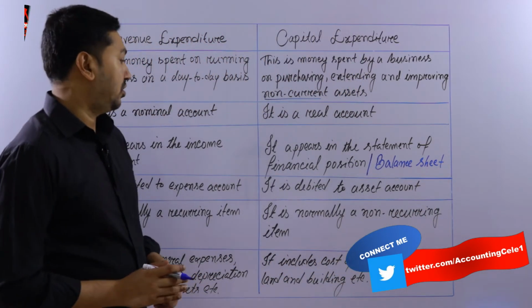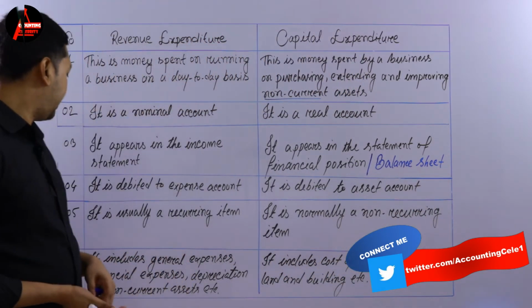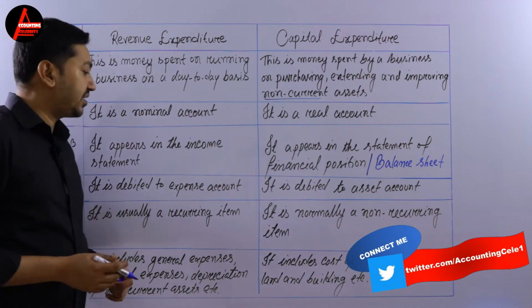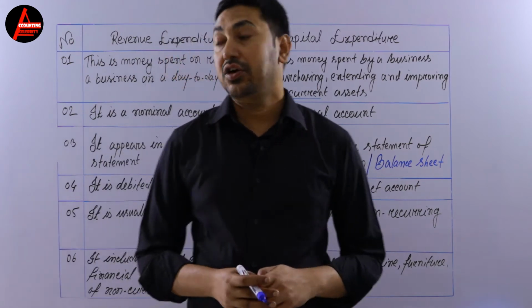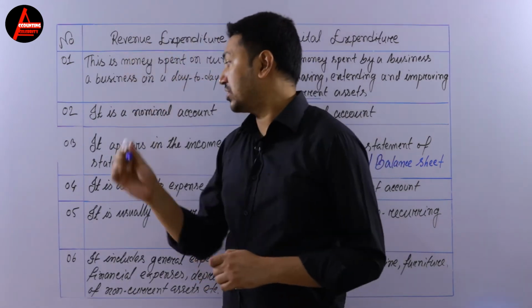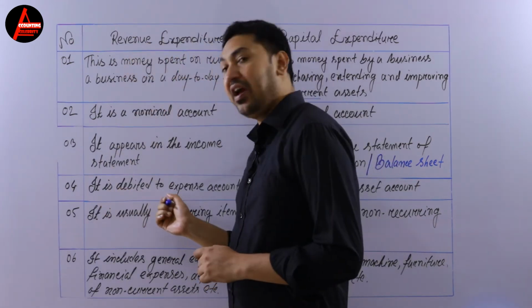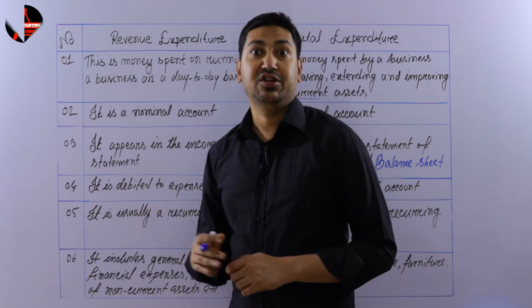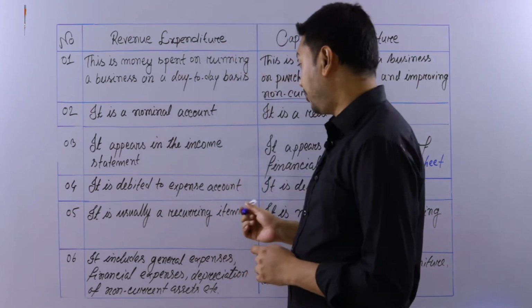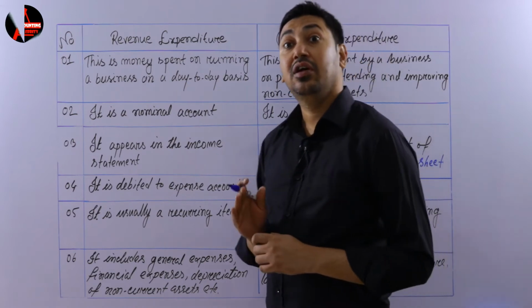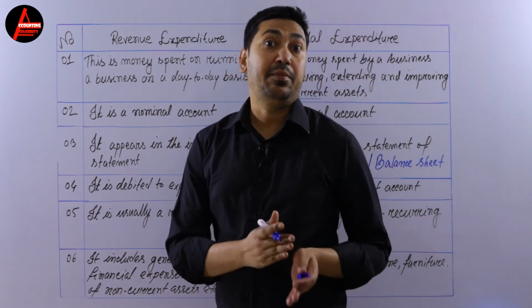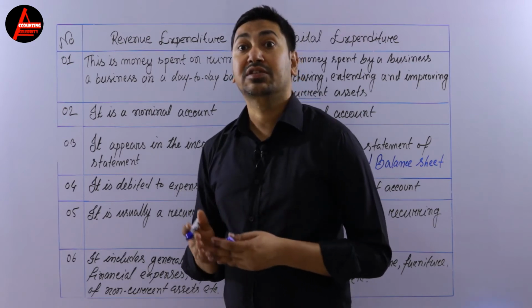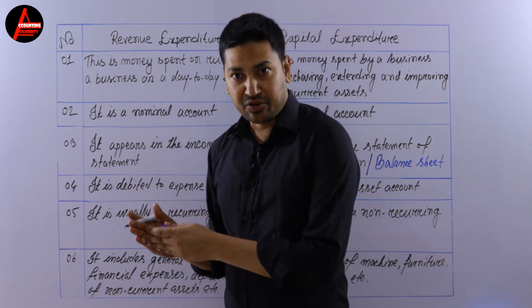Fine. So next we have number 4. It is debited to the expense account. So this revenue expenditure will be debited to the expense account. What is the rule for a nominal account? All expenses will be debited, all incomes and gains will be credited.